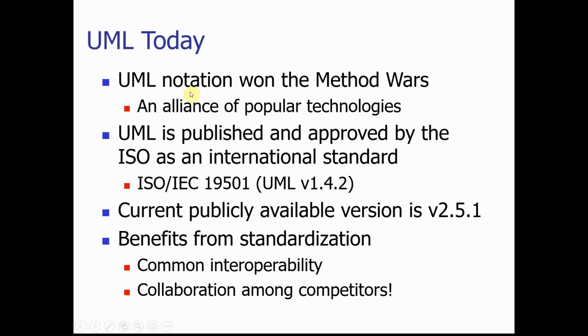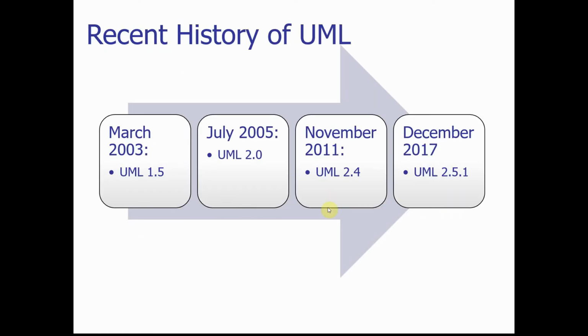Eventually UML won the method war and became the standard. UML has gone through different versions, and the current version is 2.5.1, introduced in December 2017. So this gives you the history of UML.